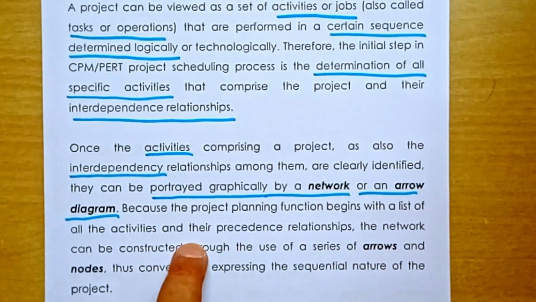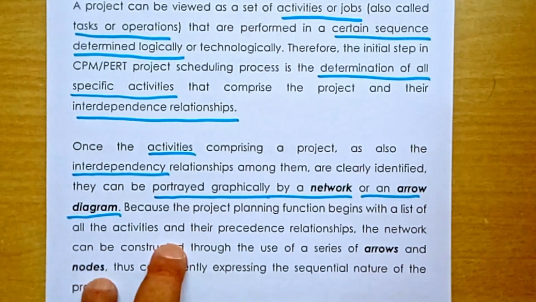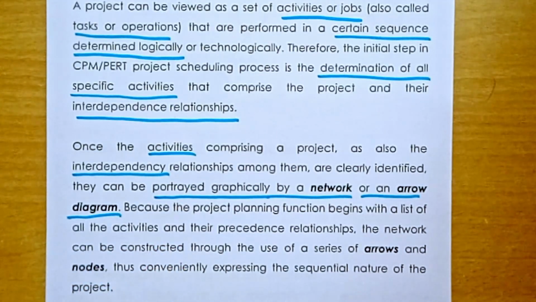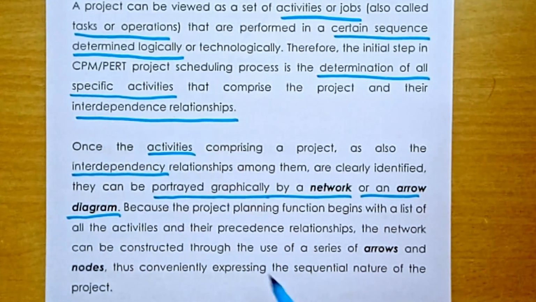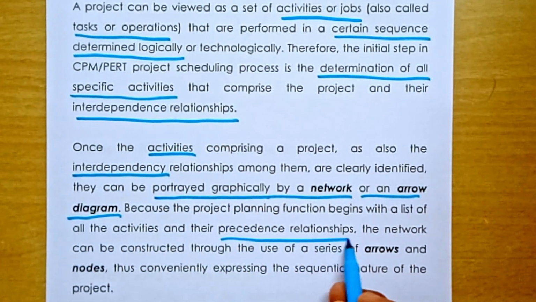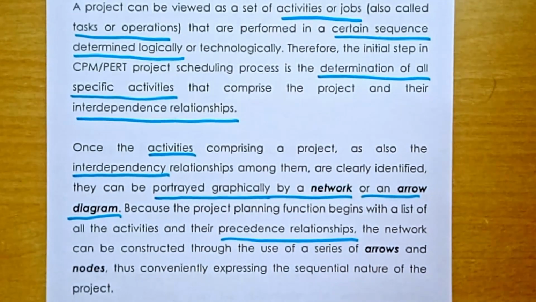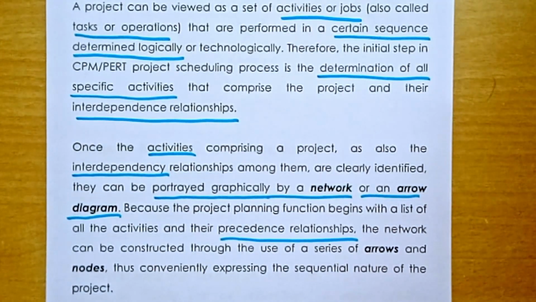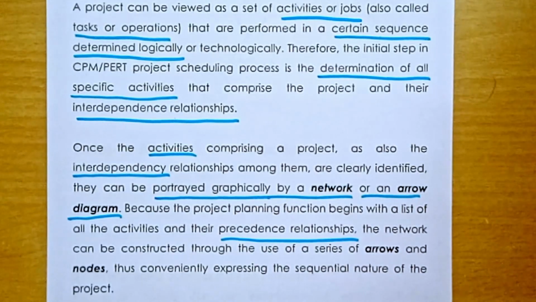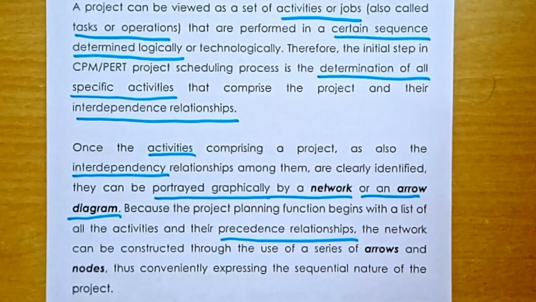Because project planning begins with the list of all the activities and the precedence relationship. Precedence relationship means, again, same as interdependence relationship: which activity is predecessor of other activities or which activities are successors of other activities. So predecessor-successor relationship. Interdependence relationship is nothing but predecessor-successor relationship.